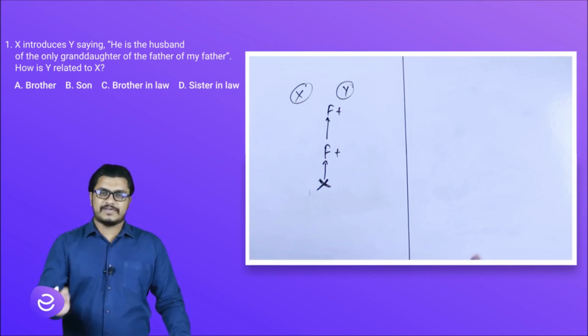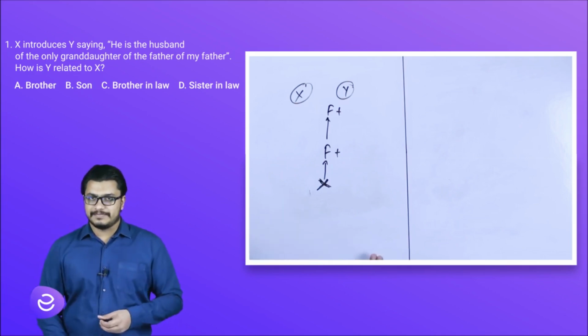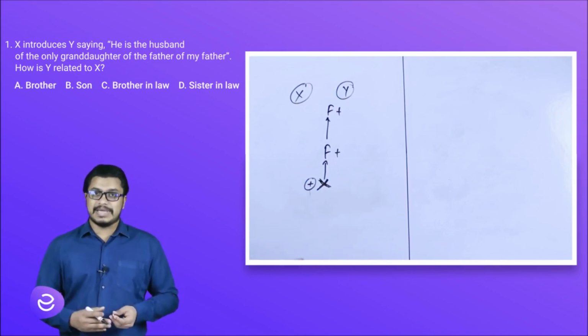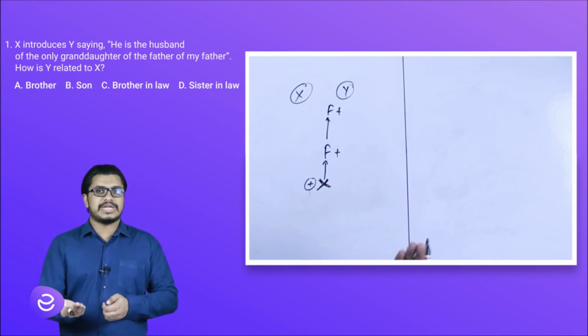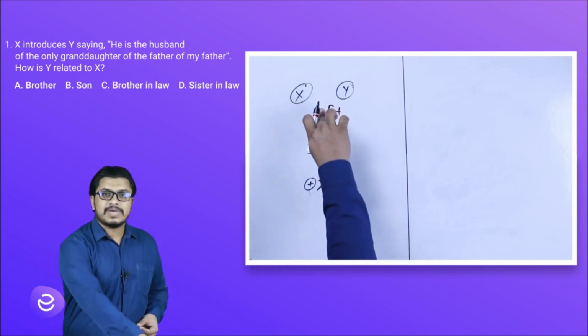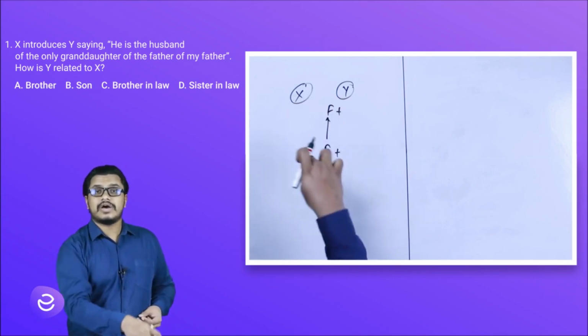You can assume any of the genders, and if the answer goes wrong, we'll have to do the problem again. For the time being I'll assume that x is a male, and you can assume that x is a female, and then we can try the problem.